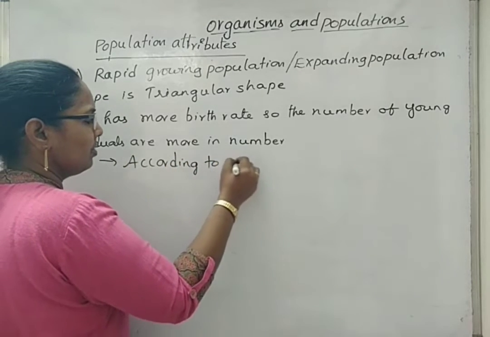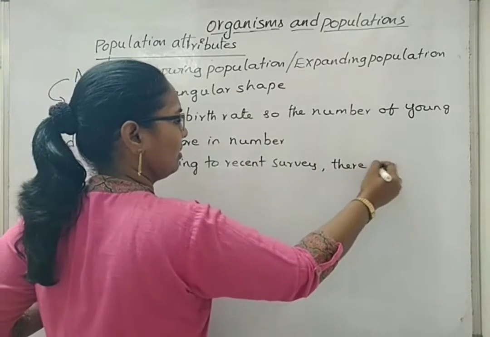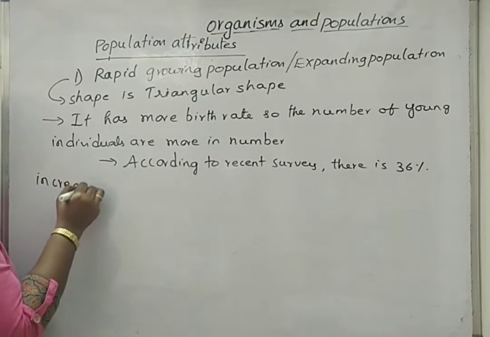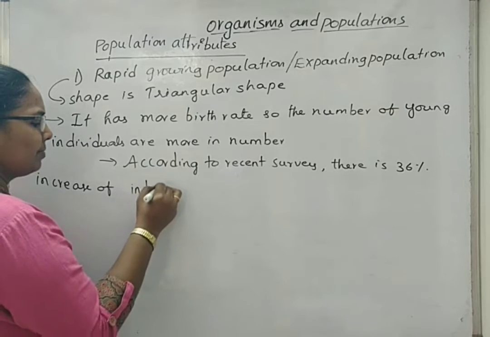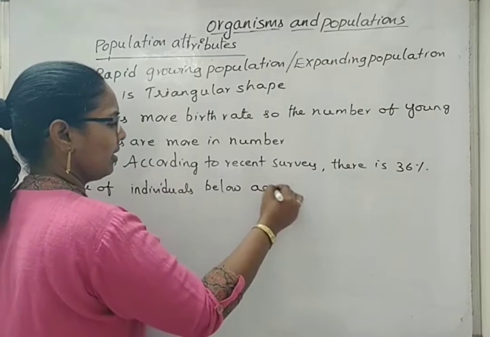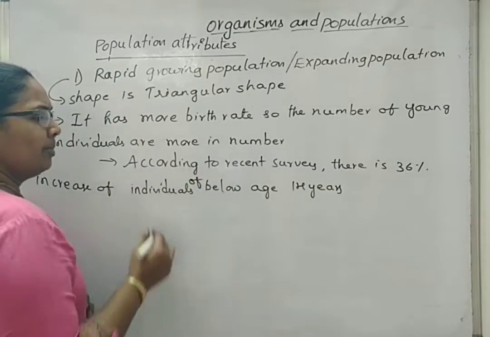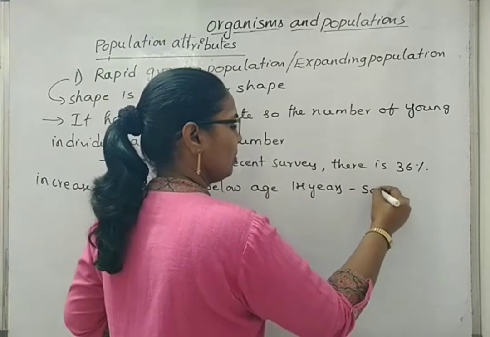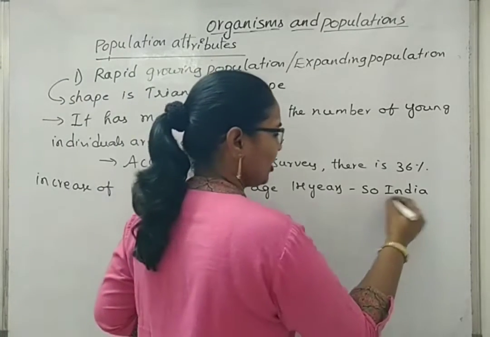According to recent survey, there is 36% of individuals below age 14 years. So, Indian population can be taken as the best example for expanding type of population.